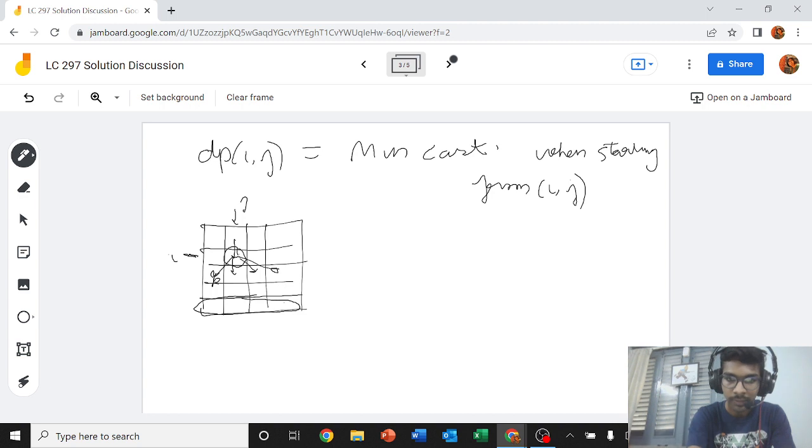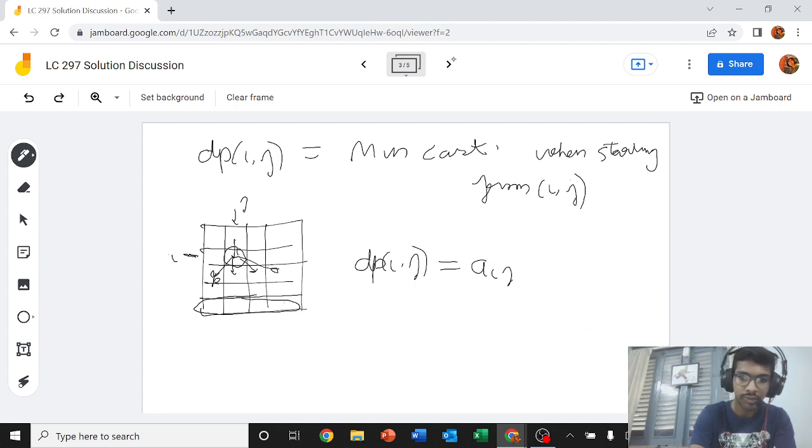So then the transition can be defined as we are currently at a of I comma j, so this cost has to be considered plus the moving cost. Moving cost, as we discussed, we have the move cost matrix.